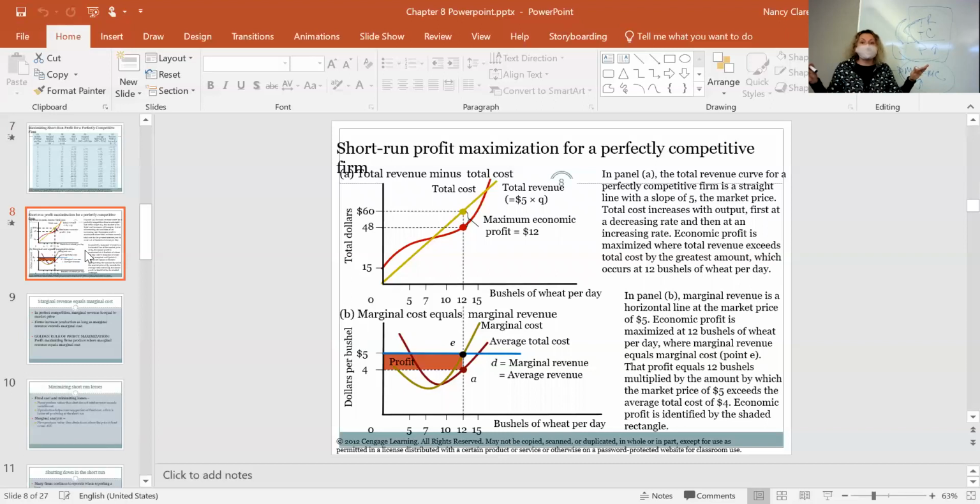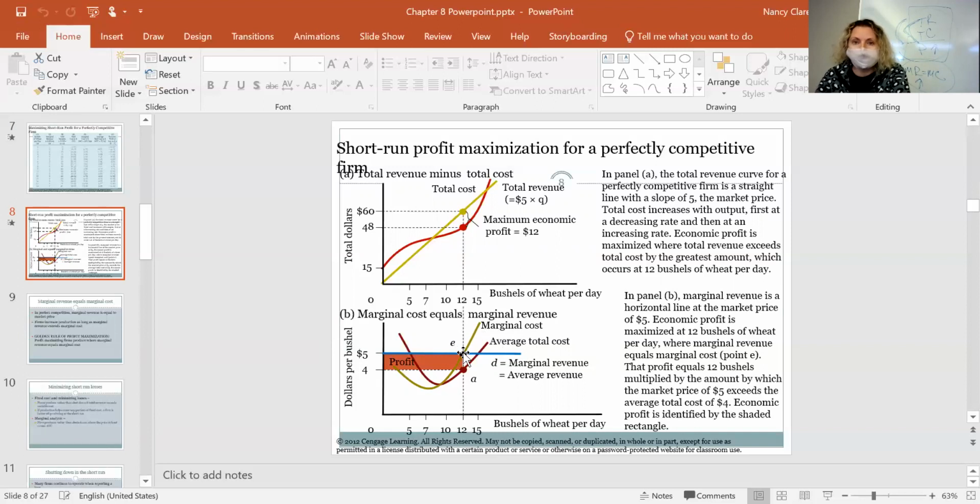Quantity, that's all you find. That's all this is good for, but it gives you everything to get you started on finding all of that good profit maximizing information. So MR equals MC up here, right at point E, where the yellow and the blue intersect. Your MR is the blue, your MC is the yellow.